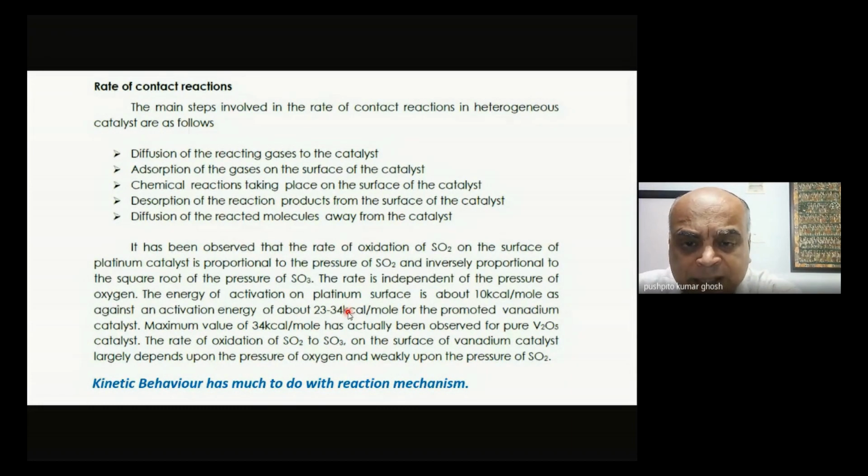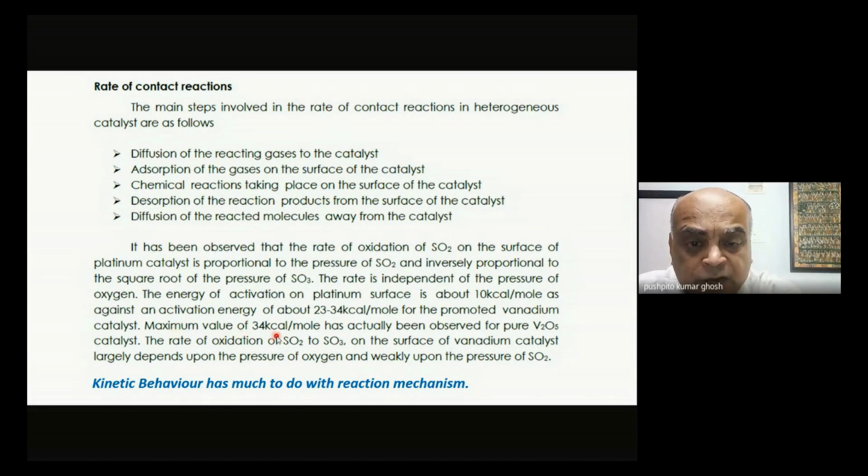If you compare that with vanadium pentoxide, the activation energy is about 23 to 34 kilocalorie per mole. Obviously, platinum is a more efficient catalyst with a much lower activation energy. But we'll also see what else happens.